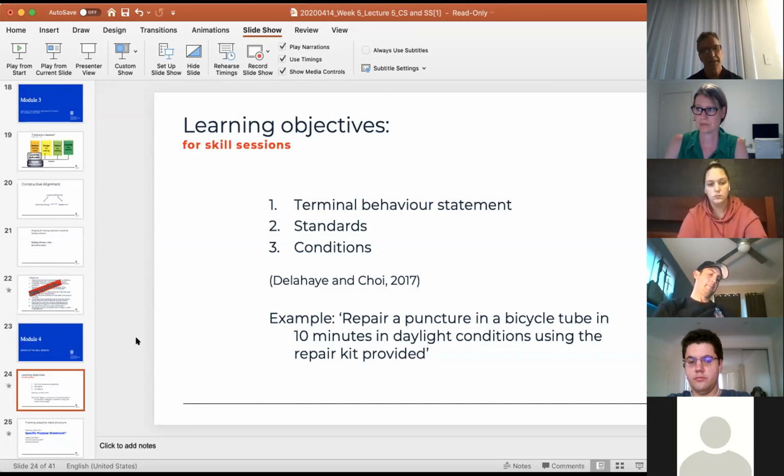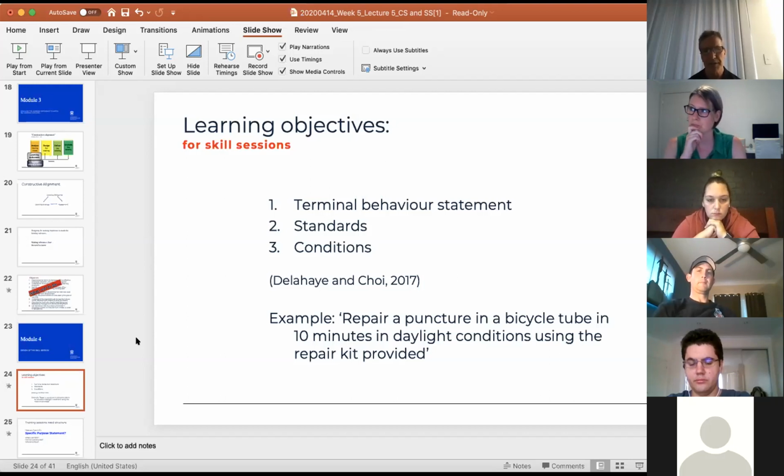So here's a good example. Just read this and think about what's in it. The example is to repair a puncture in a bicycle tube in 10 minutes in daylight conditions using the repair kit provided.